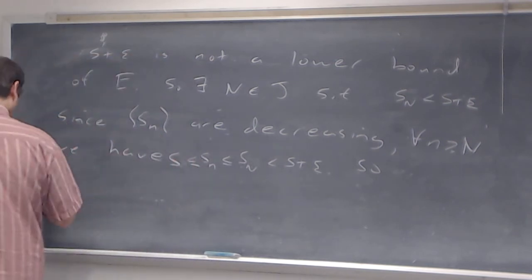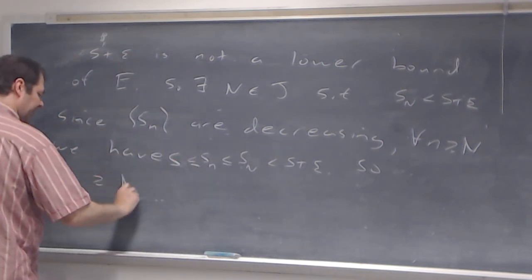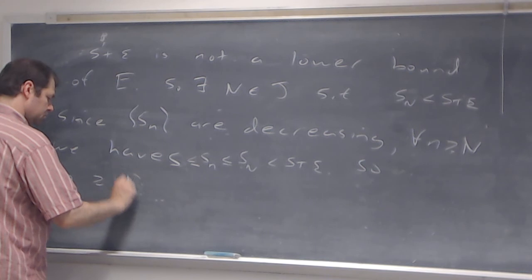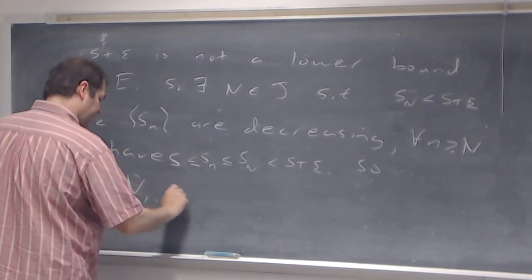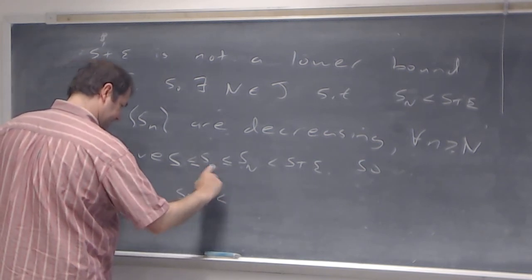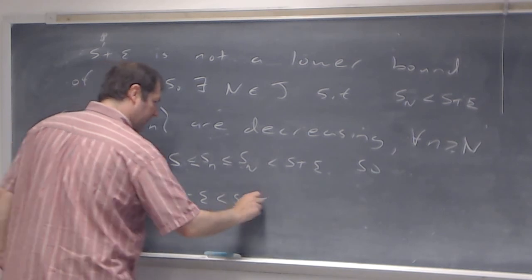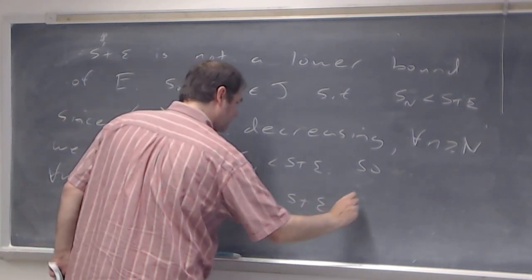So, for all n bigger than or equal to big N, here we have S prime minus epsilon will be less than S of n will be less than S prime plus epsilon.